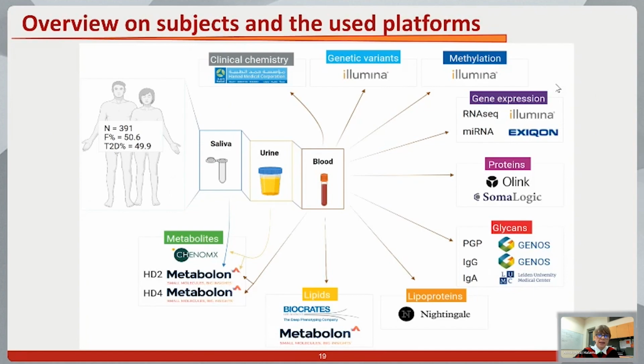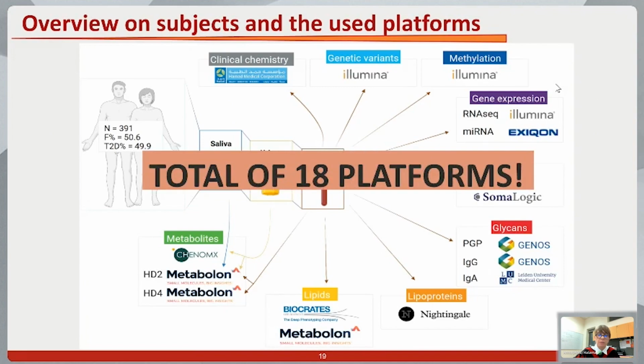For urine, saliva, and blood, we conducted the first generation of the Metabolon platform, so it was untargeted metabolomics profiling. For the blood, additionally, we ran the second generation of the Metabolon platform, and urine was additionally monitored using Chenomx, which was based on NMR spectra.